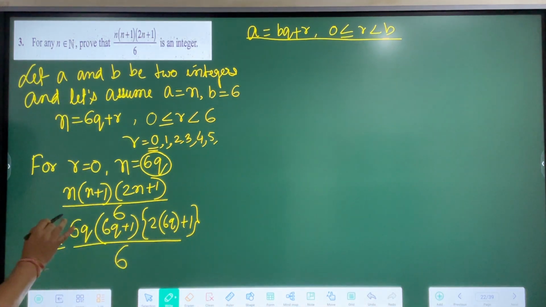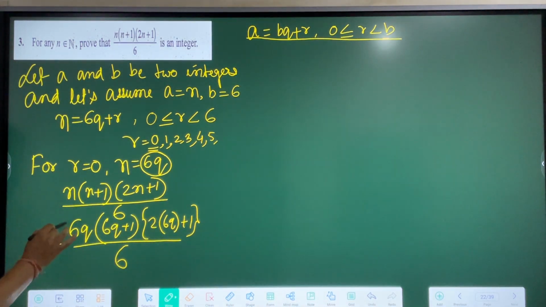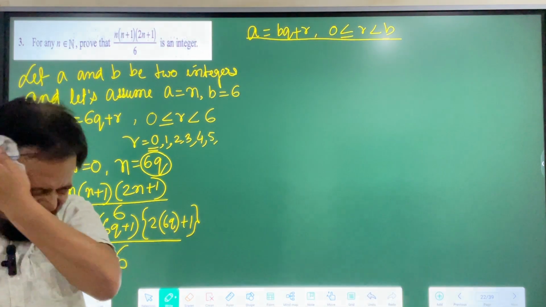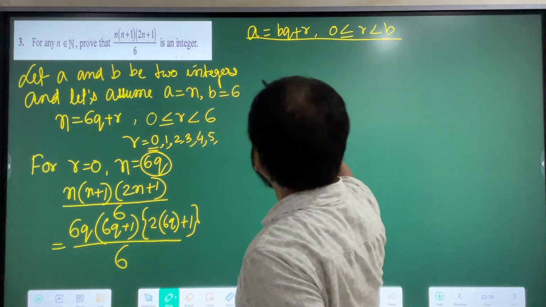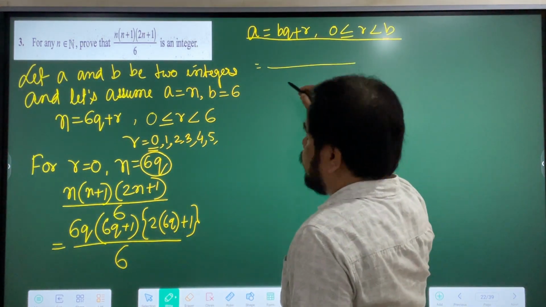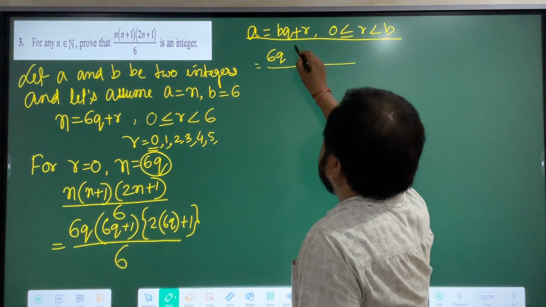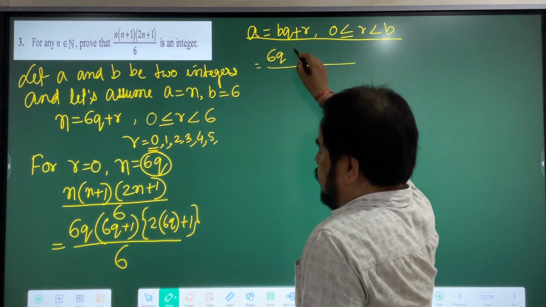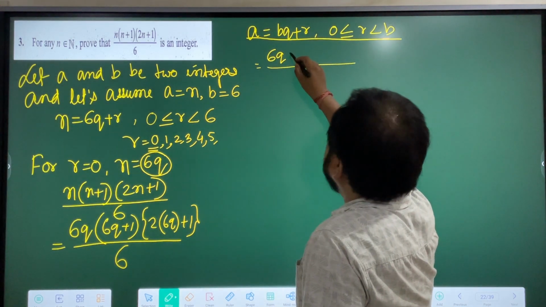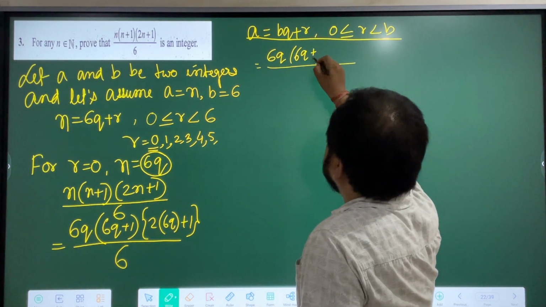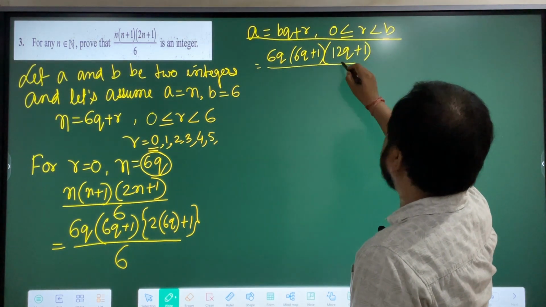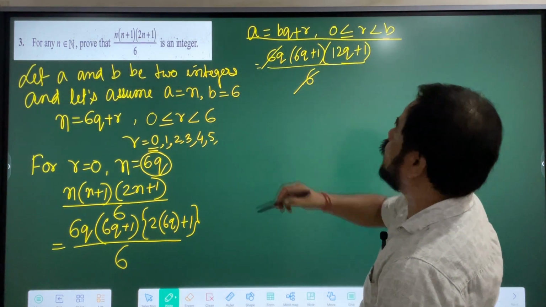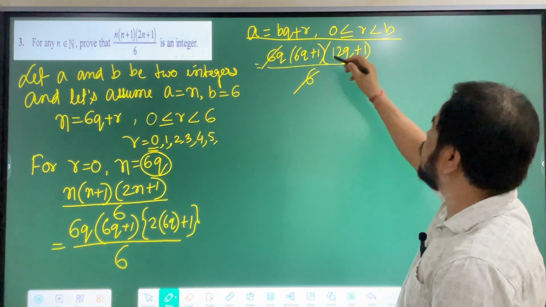Just simply put the value of n as 6q. After that, just calculation only. Let us write here 6q into 6q plus 1 into 12q plus 1 by 6. At least 6 we can get cancelled, that you know, because multiplication is there.